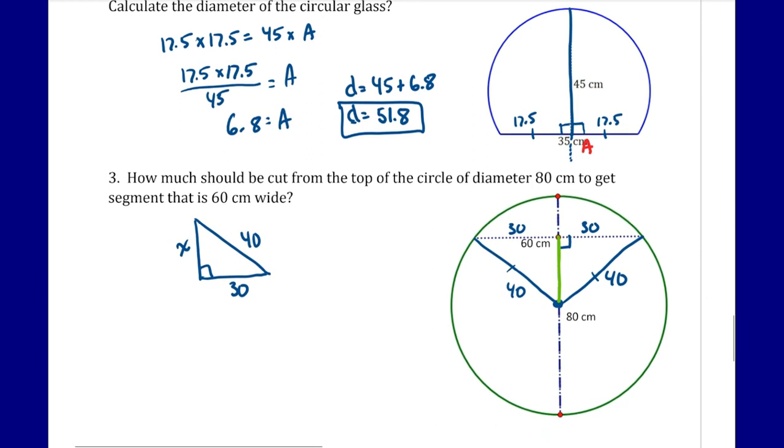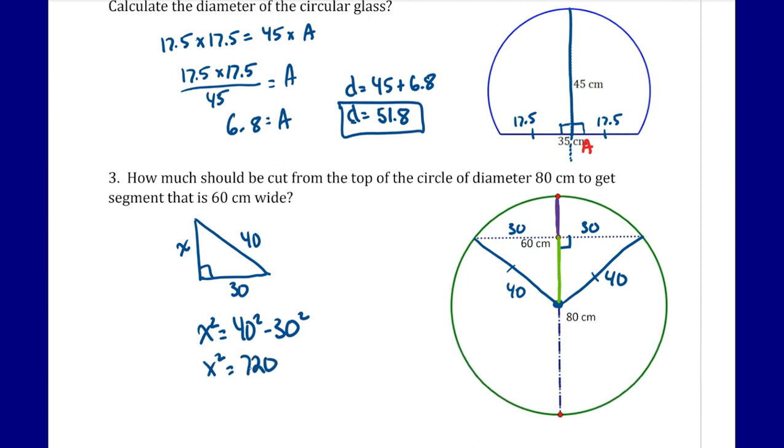Because once I know that height, I can subtract it from 40 to figure out this missing piece, because I know that from the center to the edge of the circle should be 40. And if I know what that piece is, then I can figure out what's missing. So this is just going to be the Pythagorean theorem. Because we're looking for a leg, x squared equals the hypotenuse squared minus the other leg squared.